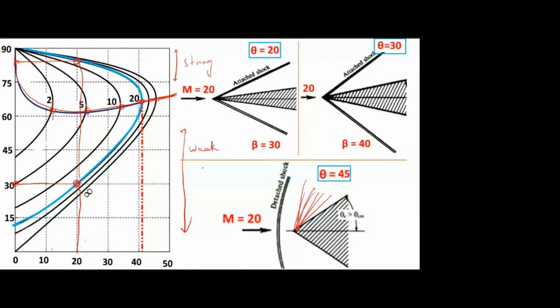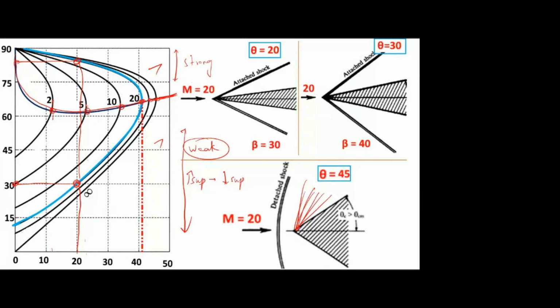So what does this weak solution mean? This converts high supersonic flow to low supersonic flow. We know in real conditions, an oblique shock converts high supersonic to low supersonic. So always the weak solution will occur in real conditions. Even though theoretically we get two solutions, only the weak solution will occur.